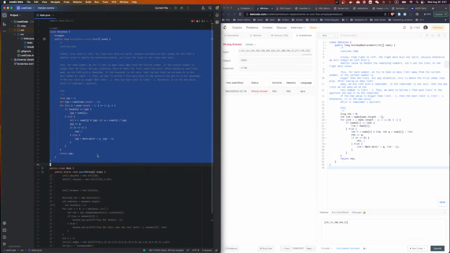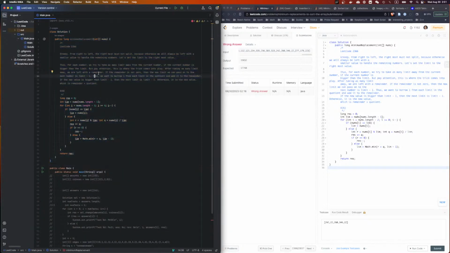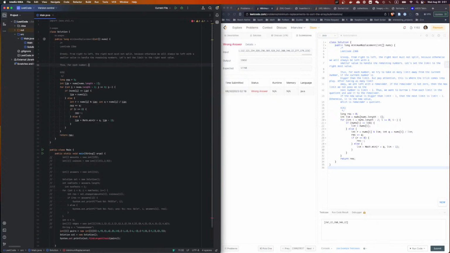Okay, so let's make further changes. Okay, for each number, we divide it by the limit.